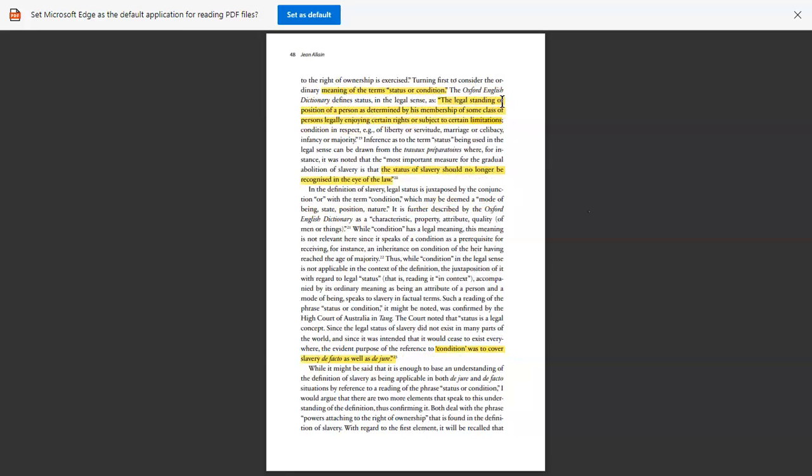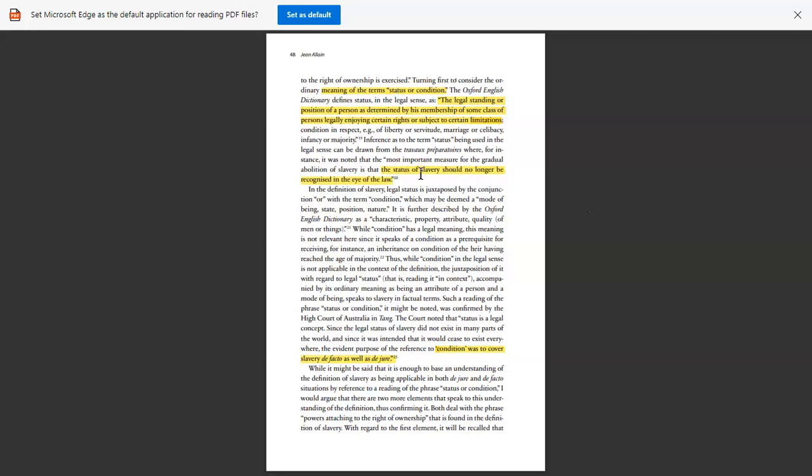The legal standing or position of a person as determined by his membership of some class of persons legally enjoying certain rights or subject to certain limitations. So if you're out there believing that you have an enjoyment of rights under the legal system, then to some degree, this is the meaning of status or condition. And it's a legal sense.